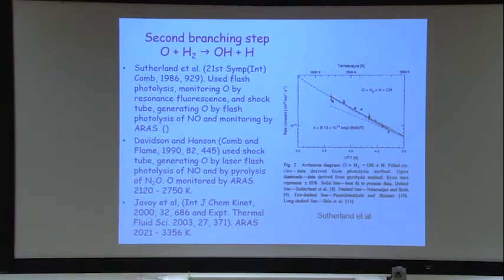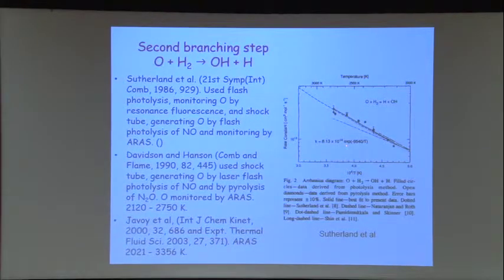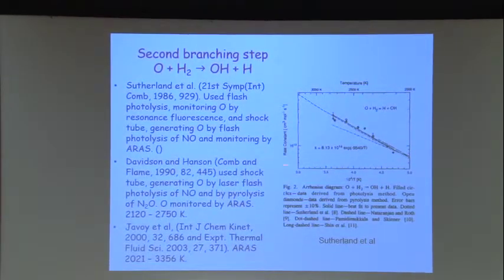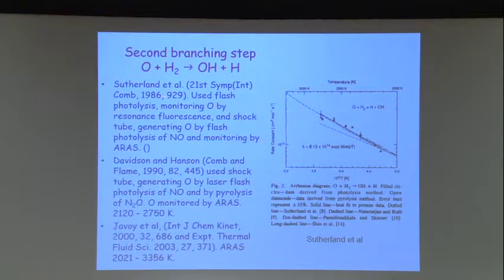Here's the second branching step, O plus H2 going to OH plus H. Again, measurements at high temperatures using shock tubes by Sutherland, monitoring O by resonance fluorescence and generating it by flash photolysis.